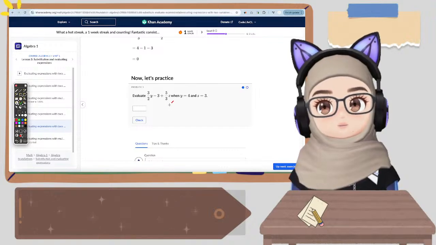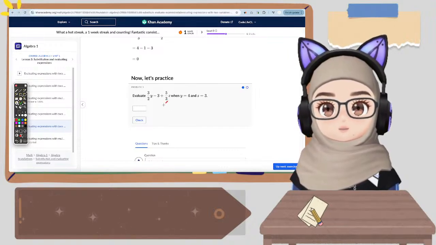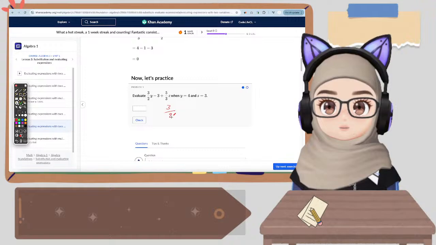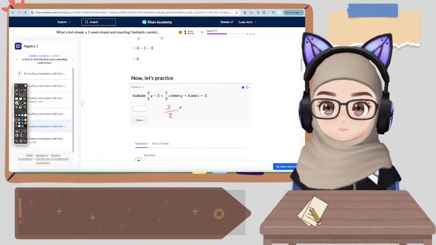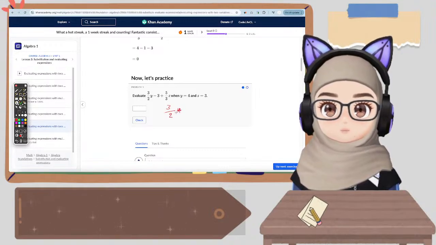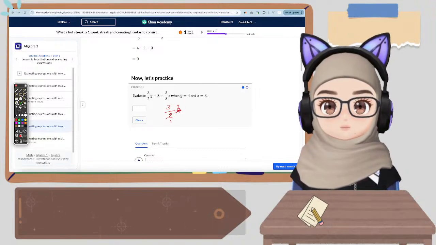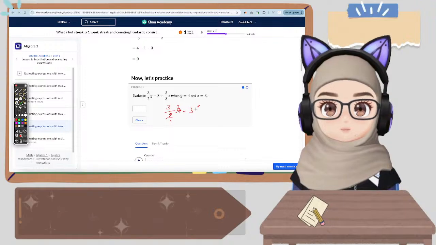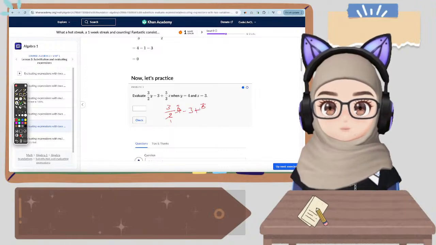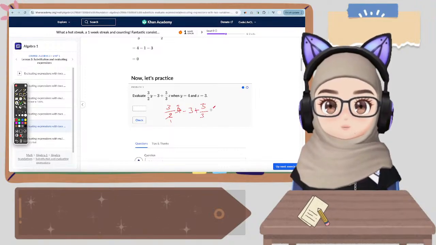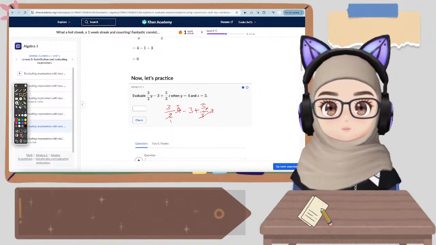But I can't divide, can I? Wow. Okay, 3, 2, y is a 4. So if I do 1 and 2, do we do that? Minus 3 plus 5 thirds, and then this is a 3. So if I cut these off, this becomes a 5.